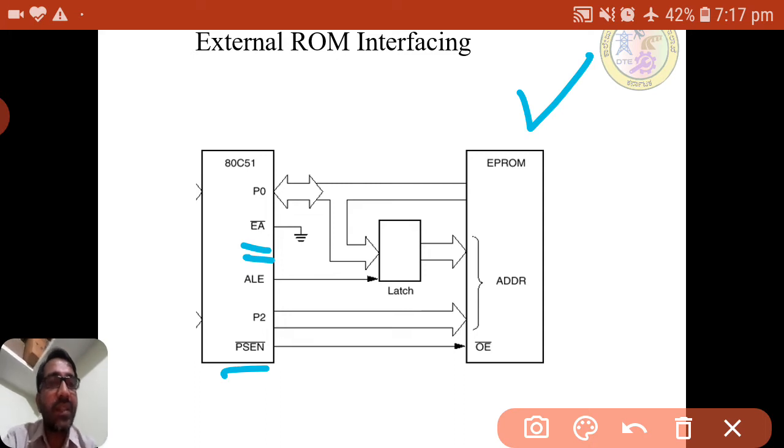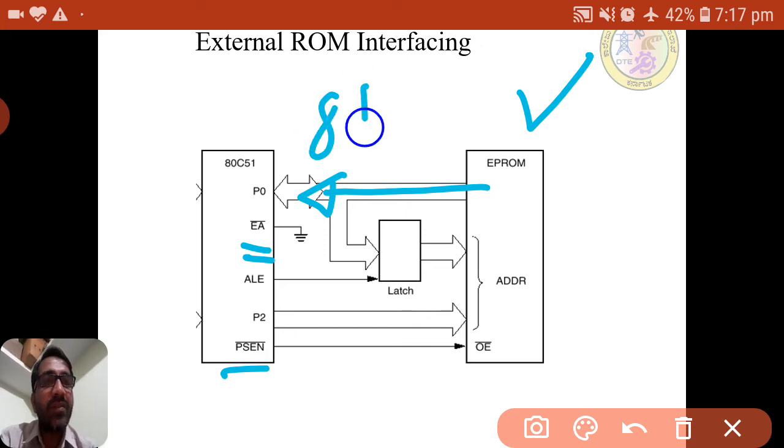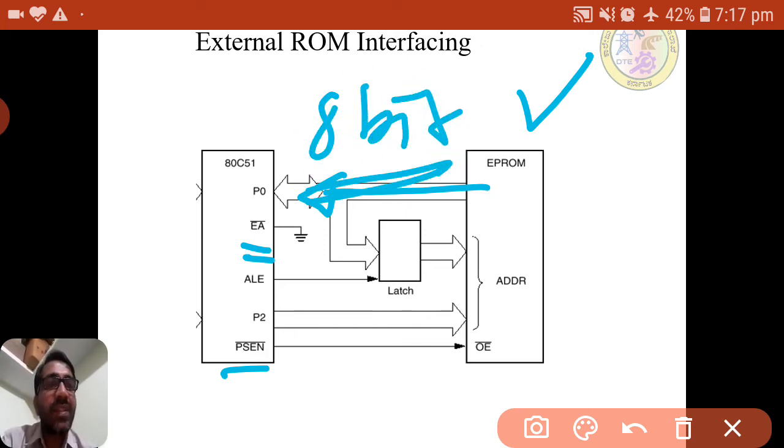PSEN is a signal, that is program store enable. Whenever the microprocessor reads data from the ROM, 8 bits, since the 8-bit data bus is there, once it reads the 8 bits or 1 byte, this particular signal will go low.